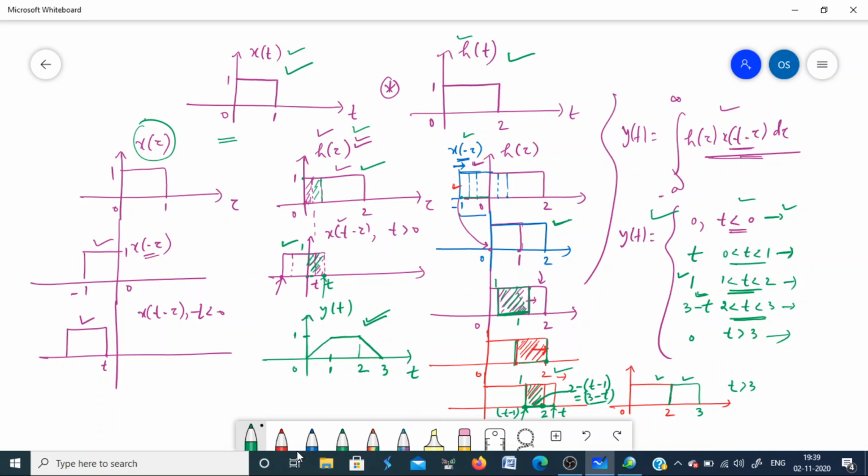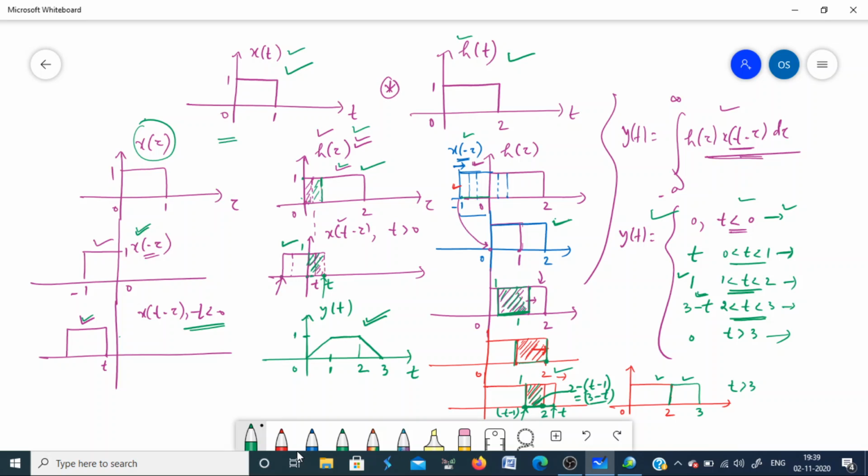I have folded x(tau) to get x(minus tau). Then I am shifting it, multiplying with h(tau) and integrating them together. So for t less than 0, it is 0 because there is no overlapping region in this product. For t greater than 0, from 0 to some time t, the two functions will overlap. As a result, the product will be t.